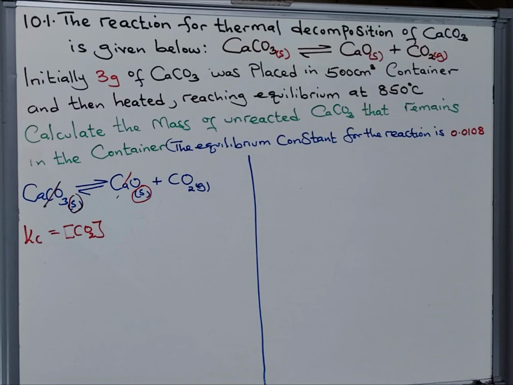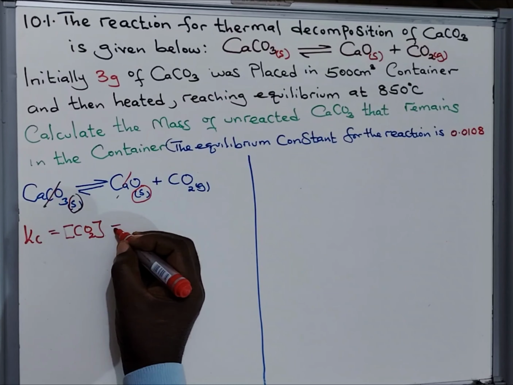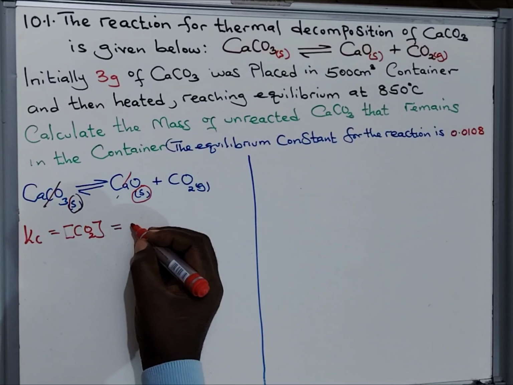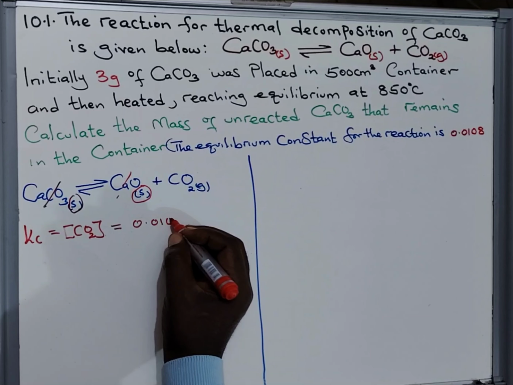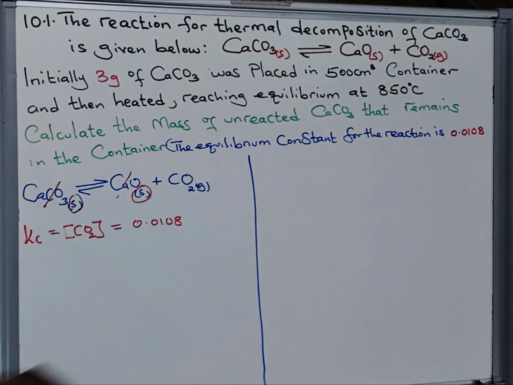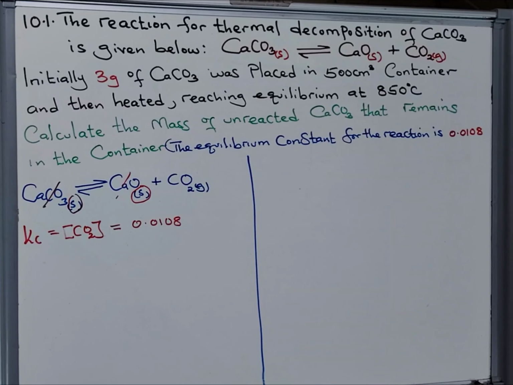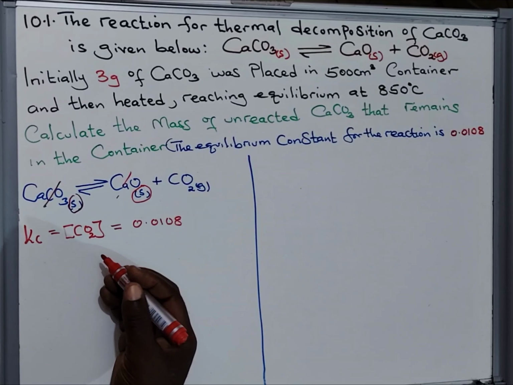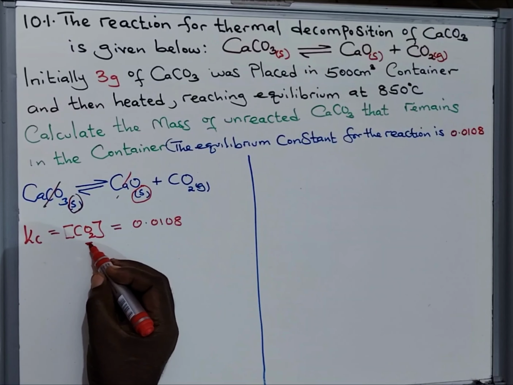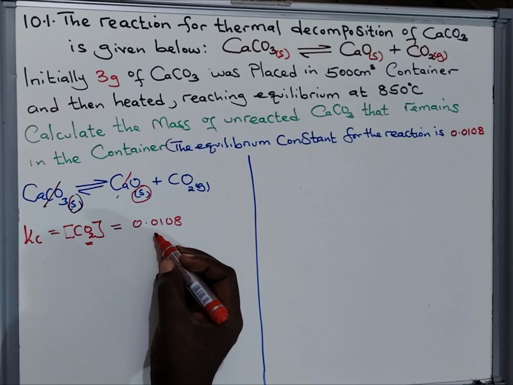And we know Kc. The value of Kc is known. It was given as 0.0108. So this implies that the concentration of our carbon dioxide is that, 0.0108.